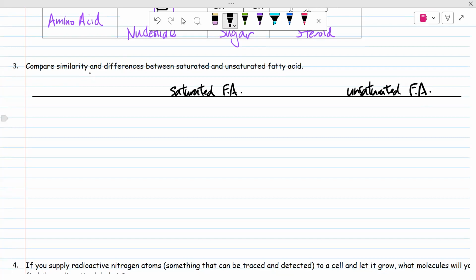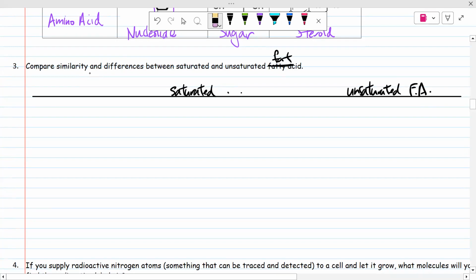In terms of the structure, actually, let's just do fat instead of fatty acid.